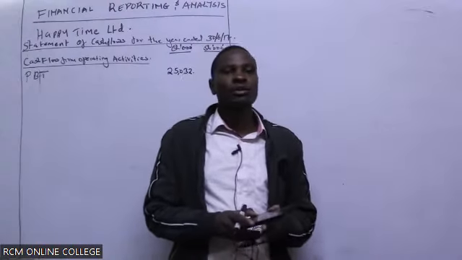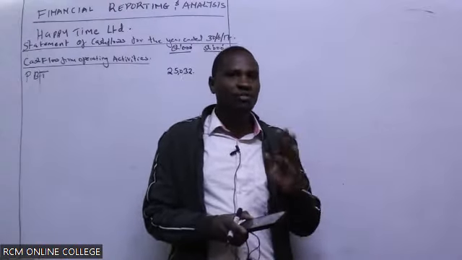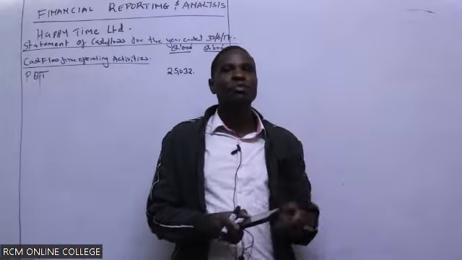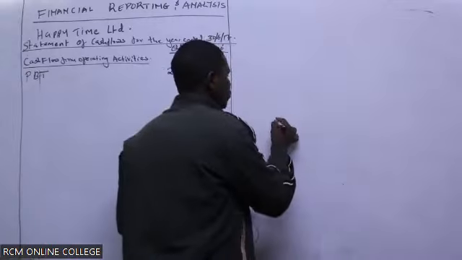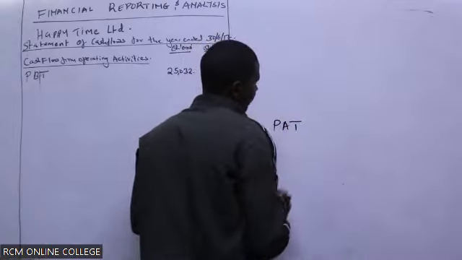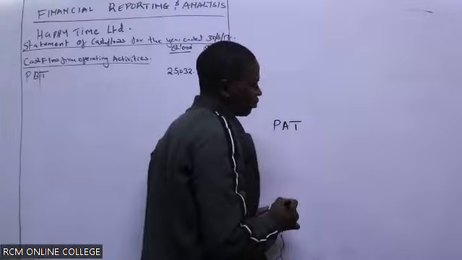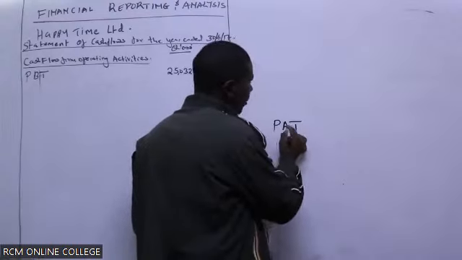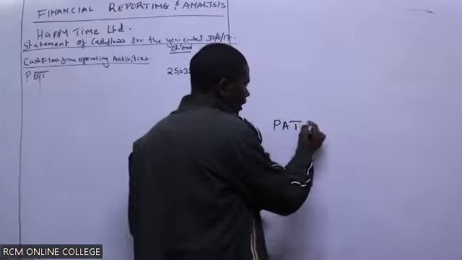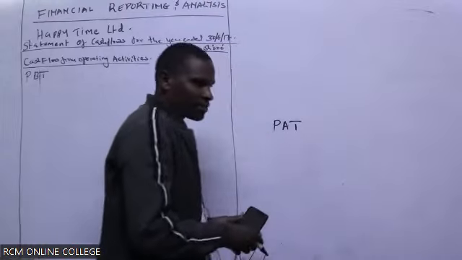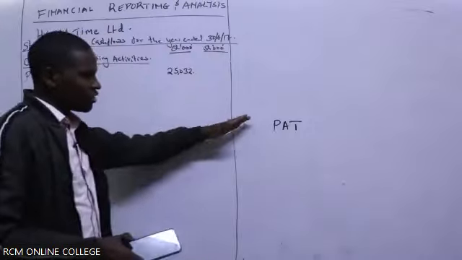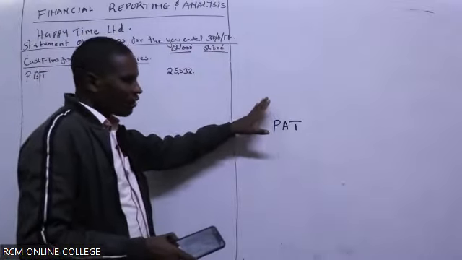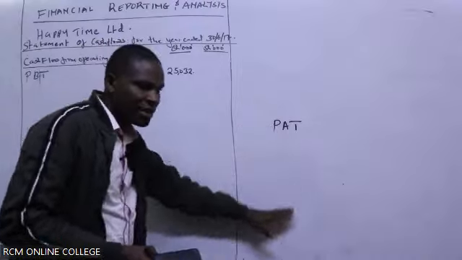Class, assume the examiner did not give you profit before tax but gave you profit after tax. What are you going to do? To cry during the exam? No, you cannot do that. In fact, the examiner will give you the income statement in a statement form.